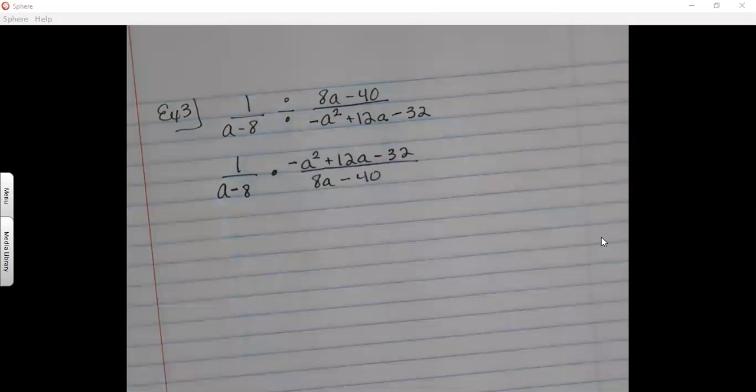All right, so multiply numerator times numerator, denominator times denominator. So 1 times, I don't need to write that, but let me factor negative a squared plus 12a minus 32 over on the side.